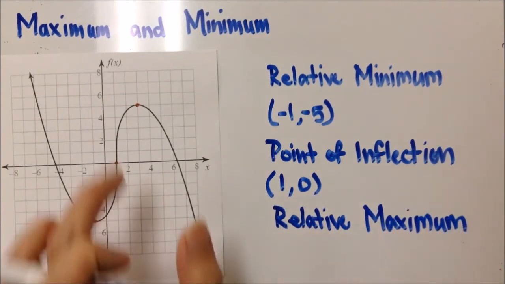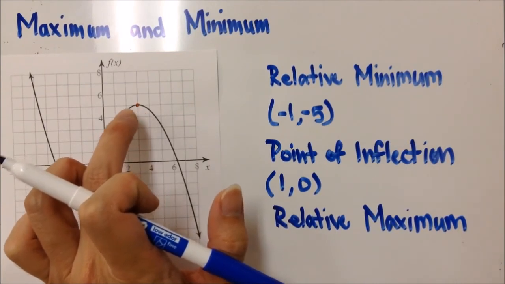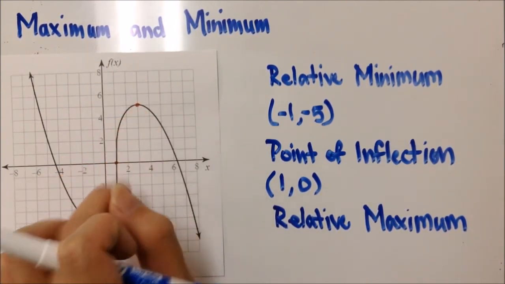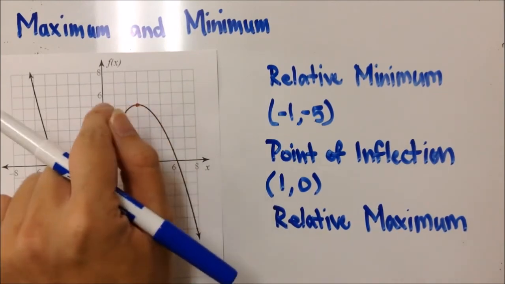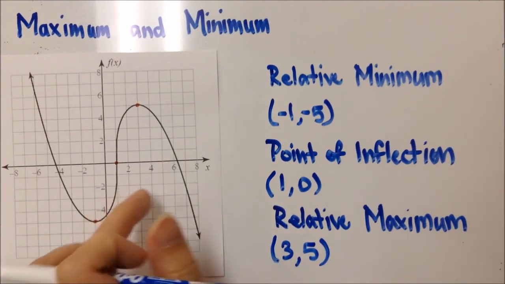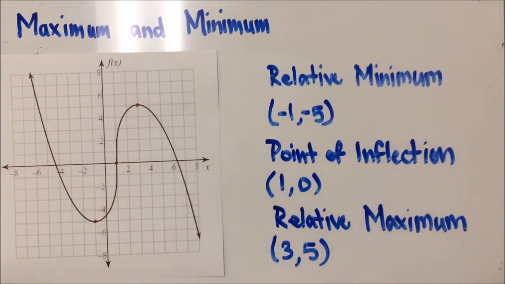The coordinate point for our relative maximum is when x equals 3, right there, y equals 5. So our coordinate point for relative maximum is 3, 5. Let's see, 3, 5. Yep.